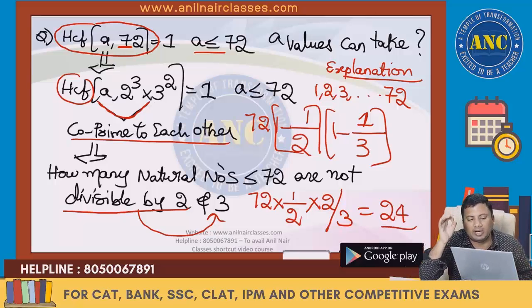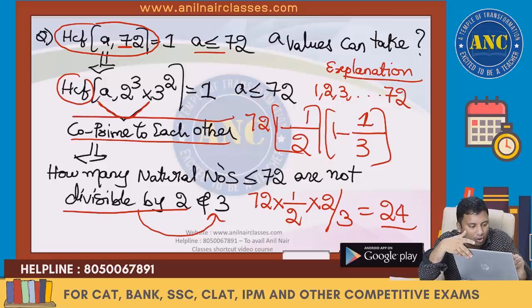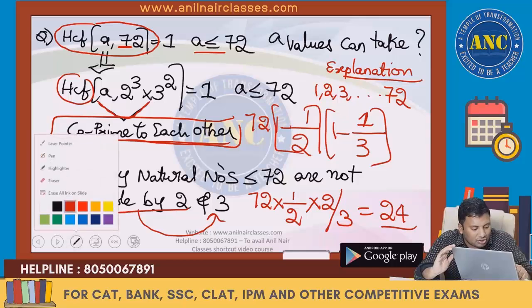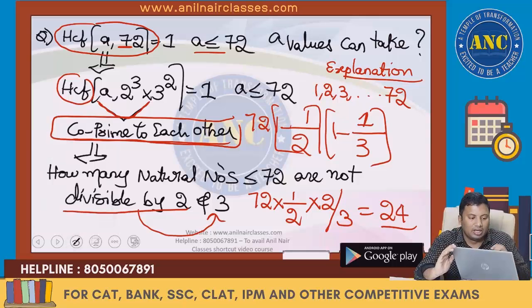If the HCF of two numbers is 1, that means the two numbers are co-prime to each other. Co-prime means A should not be divisible by 2 and A should not be divisible by 3.